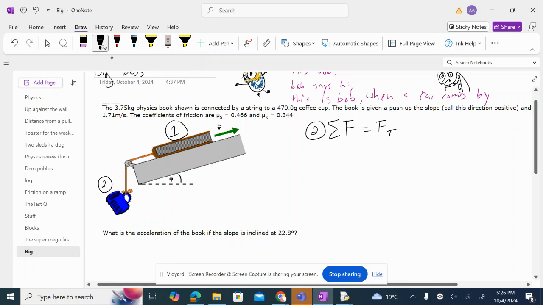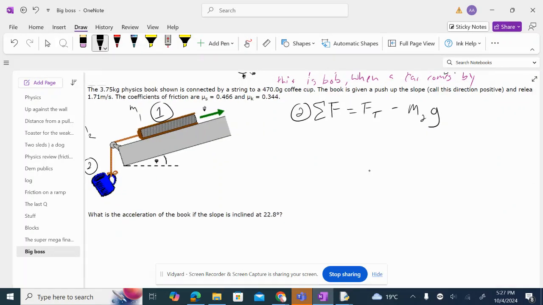And then the other force that's going to be acting upon it is gravity. So gravity and tension, and that's it. So it's force of tension, which is pointing up, minus m2g. Because we're calling this block 2, it'd be m2, and this would be m1. And so that is our entire kinematic equation for the second cup.